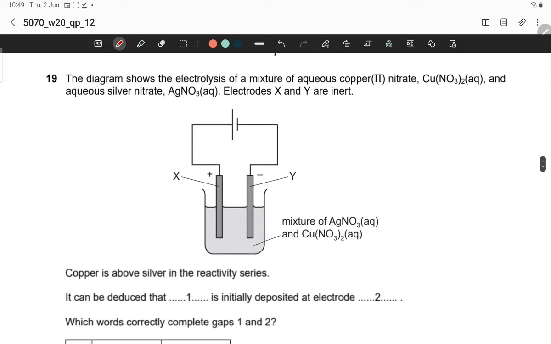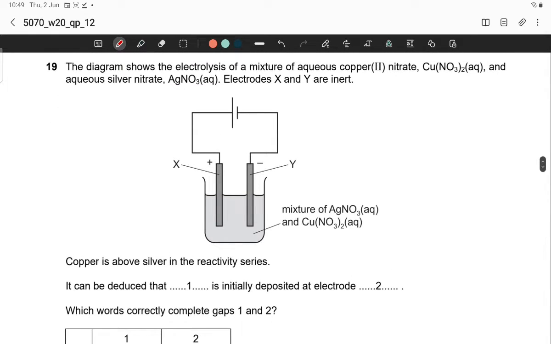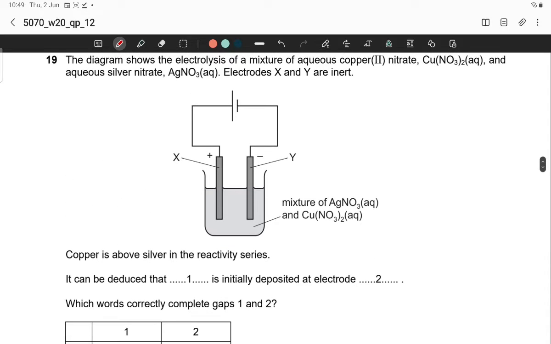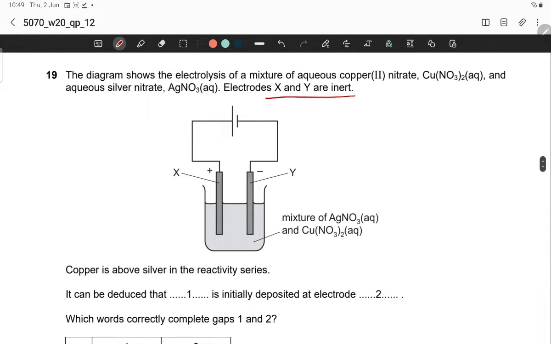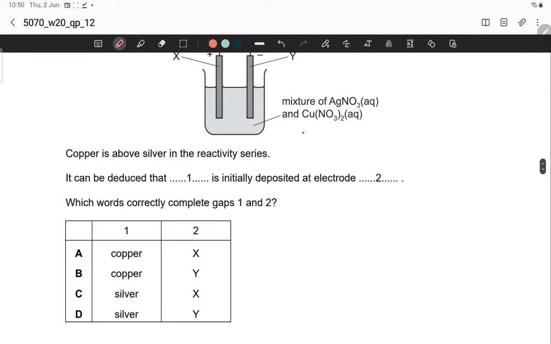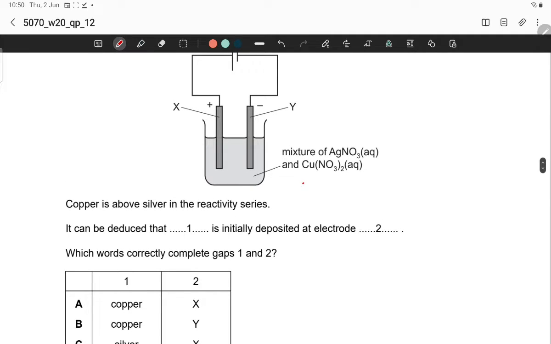Question number 19. The diagram shows the electrolysis of a mixture of aqueous copper(II) nitrate and aqueous silver nitrate. Electrodes X and Y are inert. Copper is above silver in the reactivity series. It can be deduced that silver is initially deposited because silver is below copper in the reactivity series.